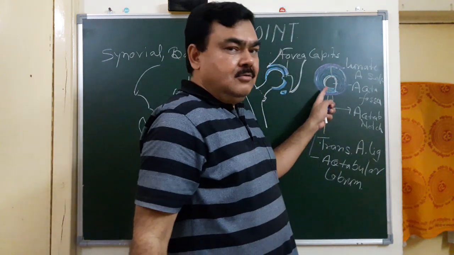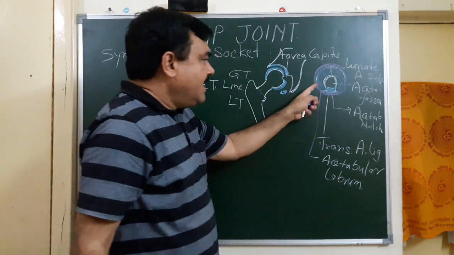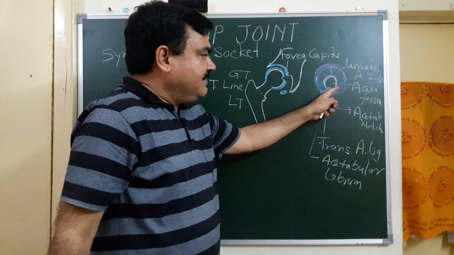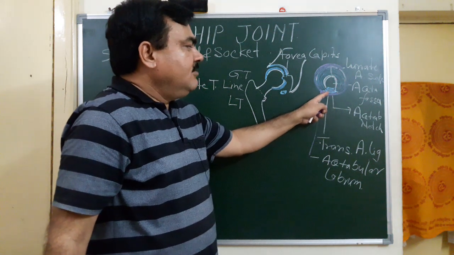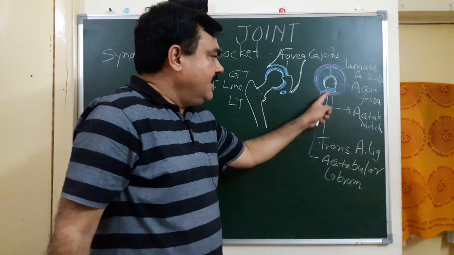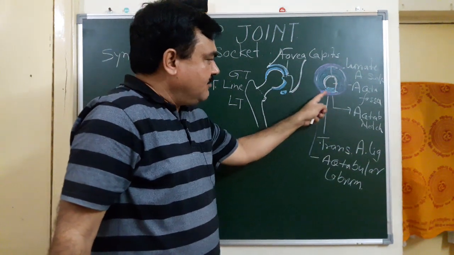It is a fibrocartilaginous rim attached with the margin of the lunate articular surface. It is attached with the transverse acetabular ligament, so attached with the margin of the acetabulum.